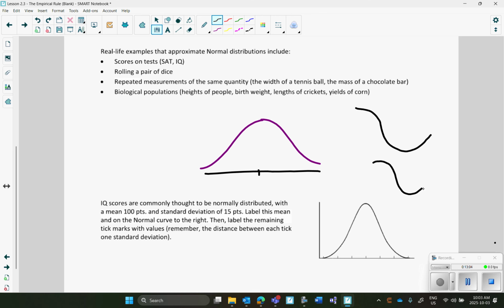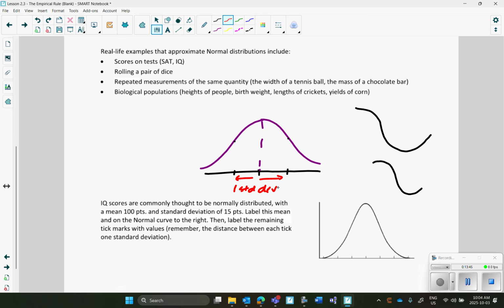So about halfway down the curve here would be one standard deviation. It's not up here, it's not way down here. And then about halfway down the other side, because it's symmetrical, would be one standard deviation. So here's our mean. That would be one standard deviation in either direction, below the mean and above the mean.